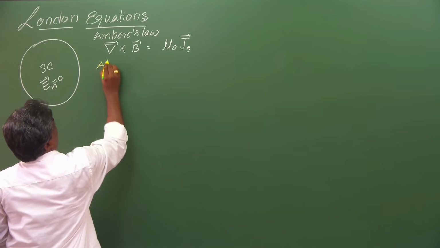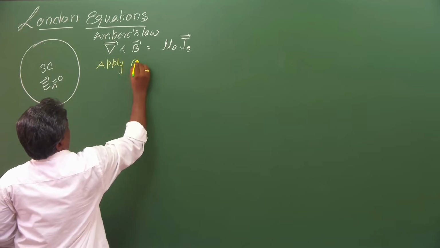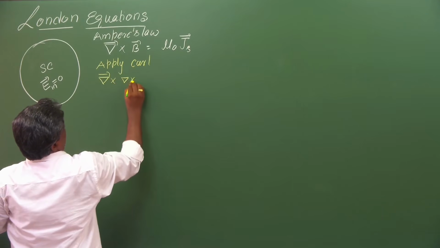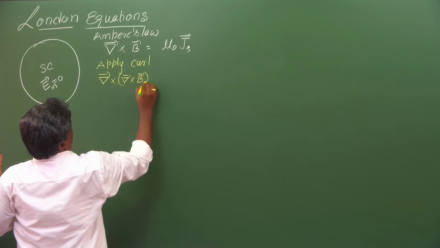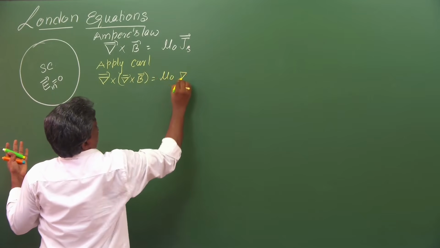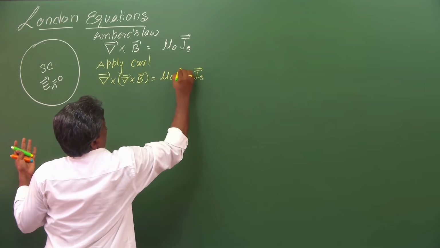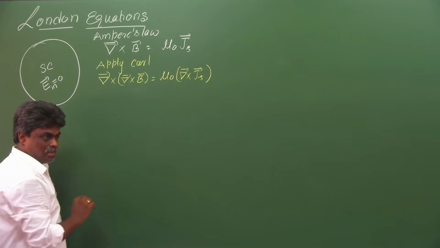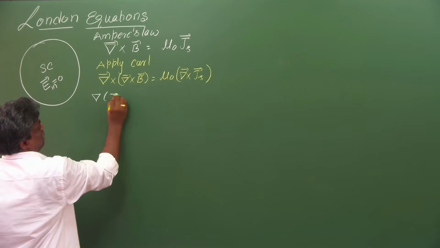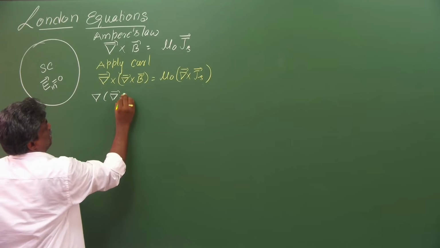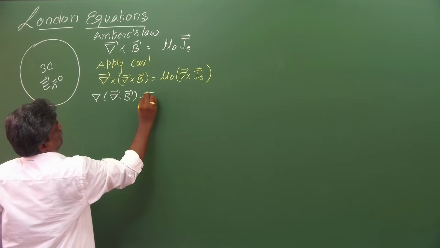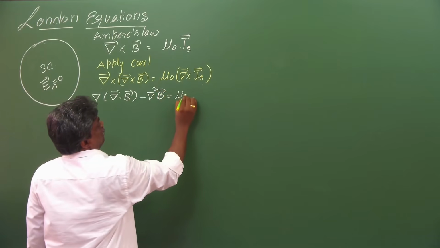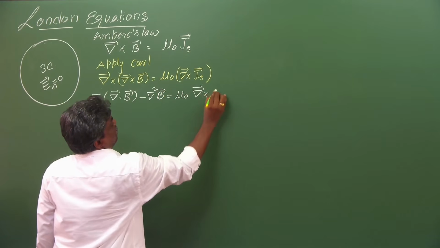Shall I apply curl on both sides? Del cross del cross B equal to, I hope you know, del of del dot B minus del square B, equal to mu naught del cross Js.